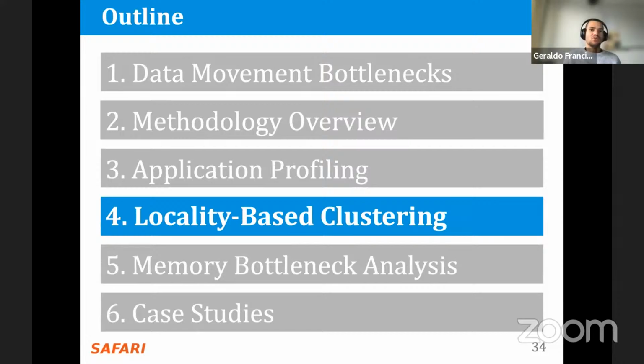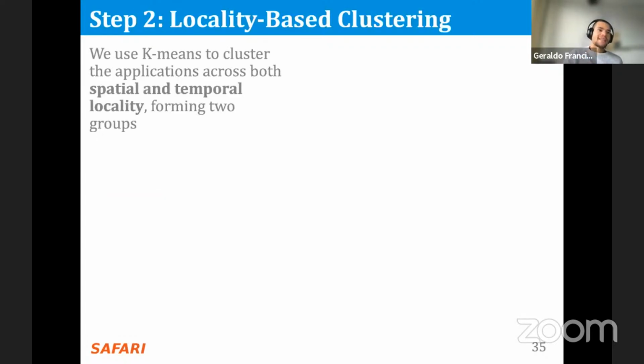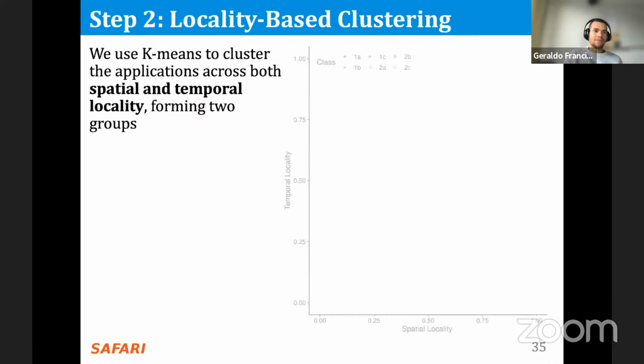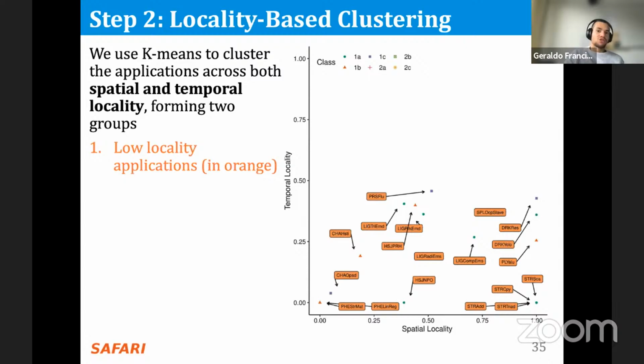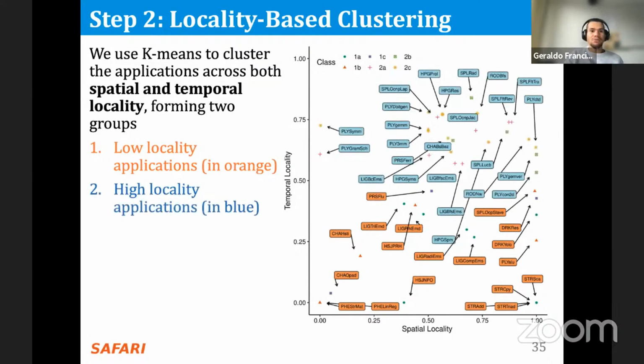Then we go to step 2 of our methodology, which we apply on top of the 44 functions that we selected previously. We collect the spatial and temporal locality values from the selected 44 functions and perform a locality-based clustering. We use k-means clustering to create two groups of applications: applications with low locality, here in orange, and applications with high locality, here in blue.